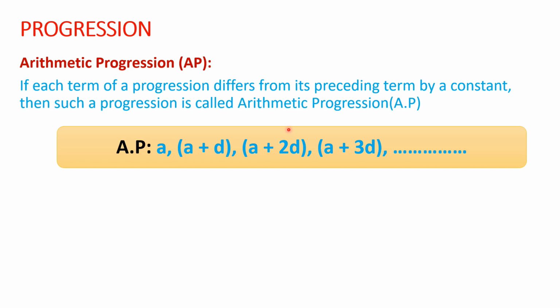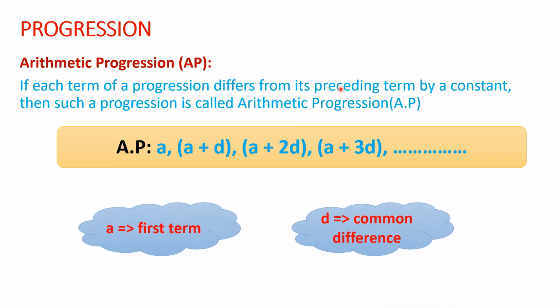So we are getting a constant d. That means if each term differs from the preceding term by a constant, then that progression is called arithmetic progression, or AP. Here a is the first term and d is the common difference.